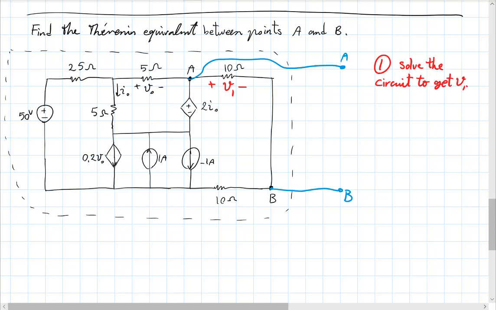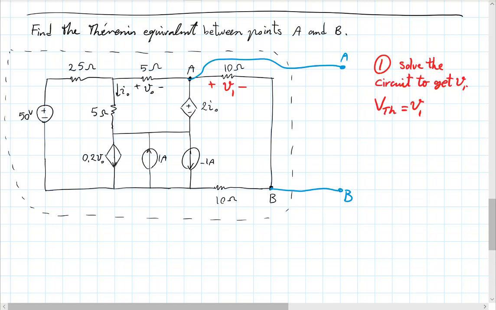And your Thevenin voltage is simply that V1. It's something you can do at home as a practice problem. All you need for that is your KVLs, KCLs, element relationships.